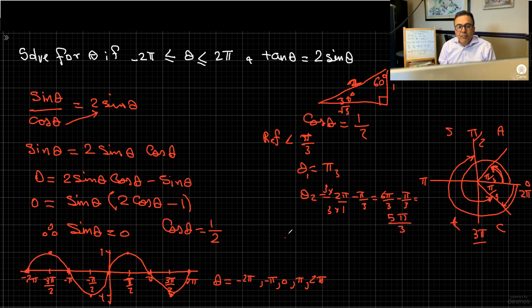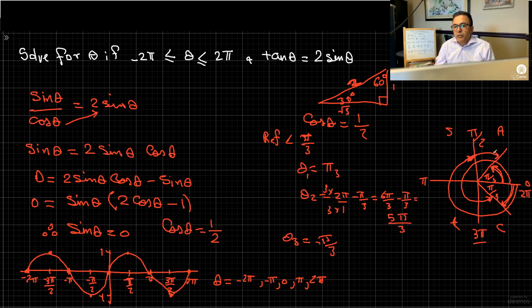And therefore, theta 3 would be going clockwise this way because that's a negative measure for the angle. And that would be negative pi/3 because you see the reference angle is pi/3. And so going from here all the way to there is negative pi/3. And then going all the way from here to your terminal arm right there.